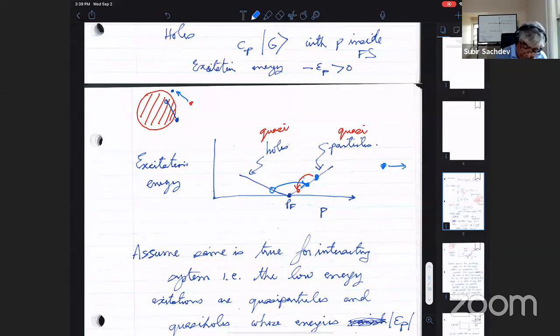It's moving, and it repels some of the electrons near it, so it creates like a polarization cloud, or what is sometimes called vacuum polarization. It moves some electrons out from there to there, and there's a virtual cloud on it. So this whole thing, the particle with this cloud of particle-hole pairs, is what we call the quasi-particle.